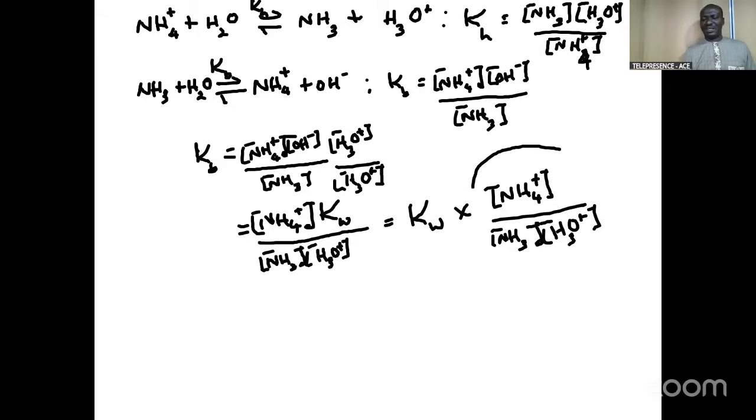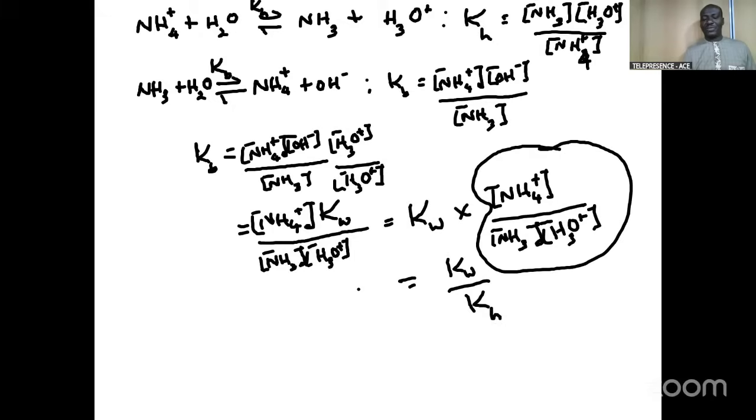Everything here is the reverse of this. So that means this is equal to Kw over Kh. So Kb is Kw over Kh, or conversely, Kh will also be equal to Kw over Kb. That's what you would have obtained if you had multiplied by OH- and OH-.